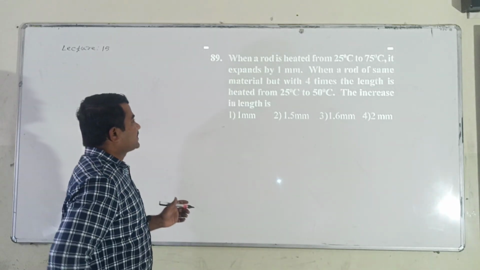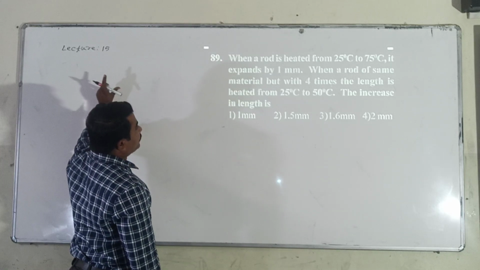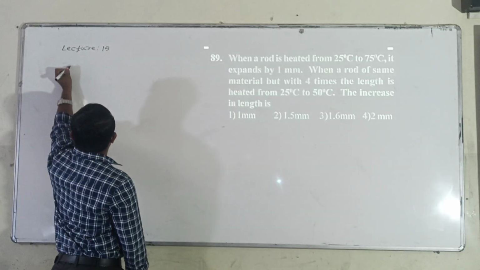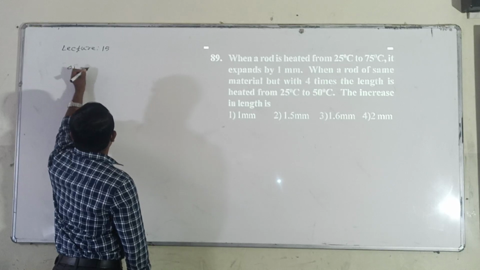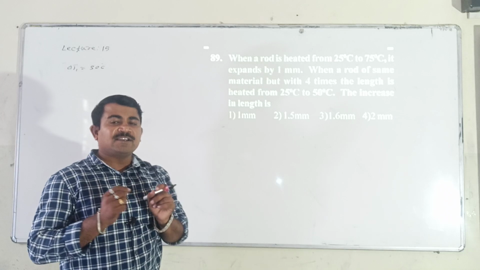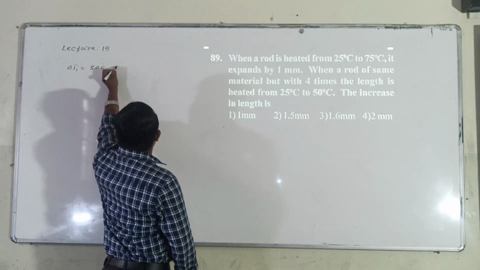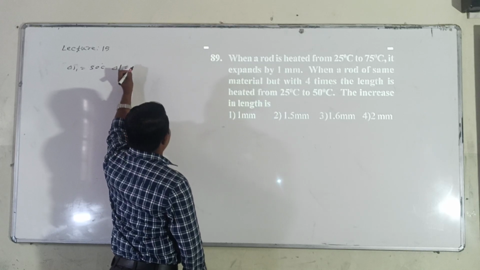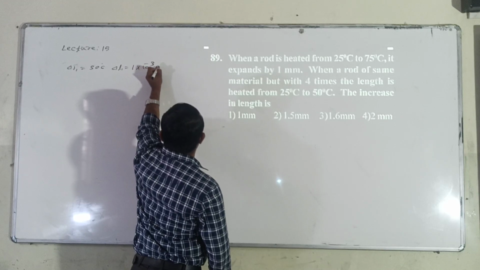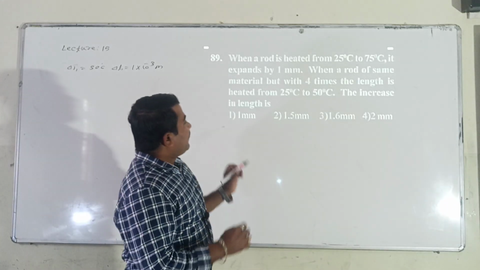The temperature difference is 75 minus 25, which is 50 degrees Celsius, so delta T1 is 50 degrees Celsius. Expands by 1 millimeter means delta L1 is given as 1 milli, which is 10^-3 meter.